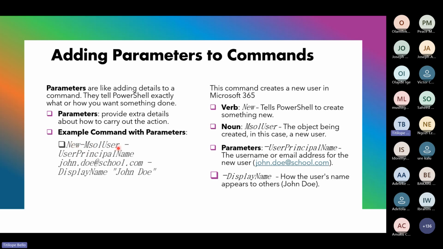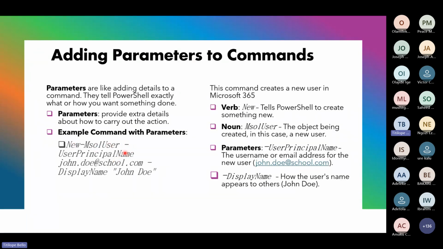New-MsolUser. Then the next thing I put is hyphen UserPrincipalName, then the email address of this user. Then hyphen DisplayName. What is the display name of the user? John Doe. So this is our verb, and this is our noun.